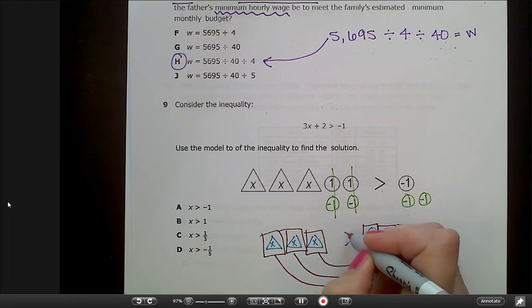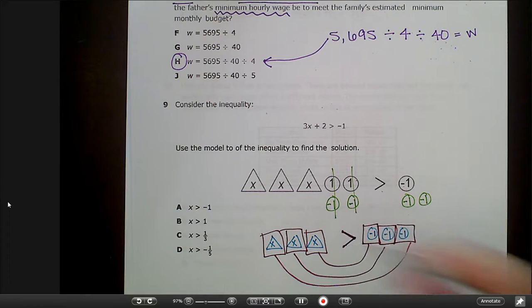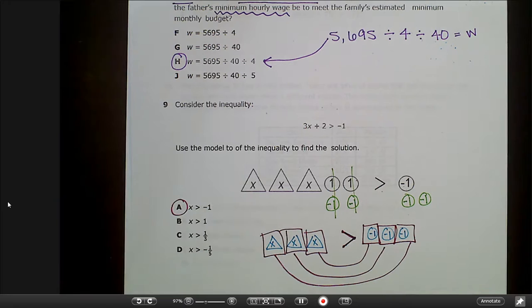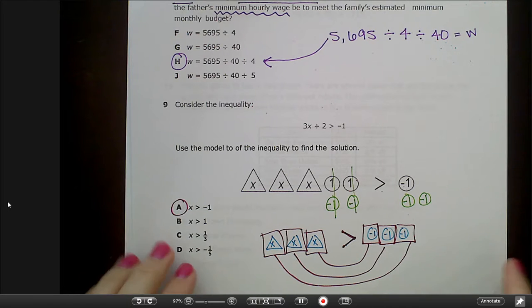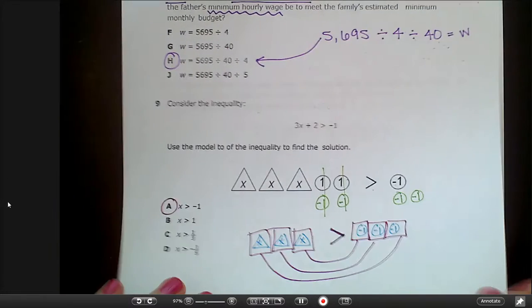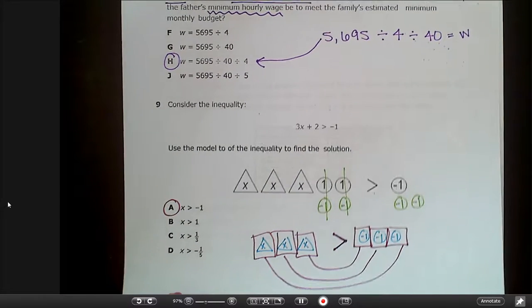And of course, we have our greater than sign. We didn't divide by a negative, so I don't have to switch the sign. And we find that x is greater than negative 1. Again, pause as you need to make sure that you're getting all the information on your paper.